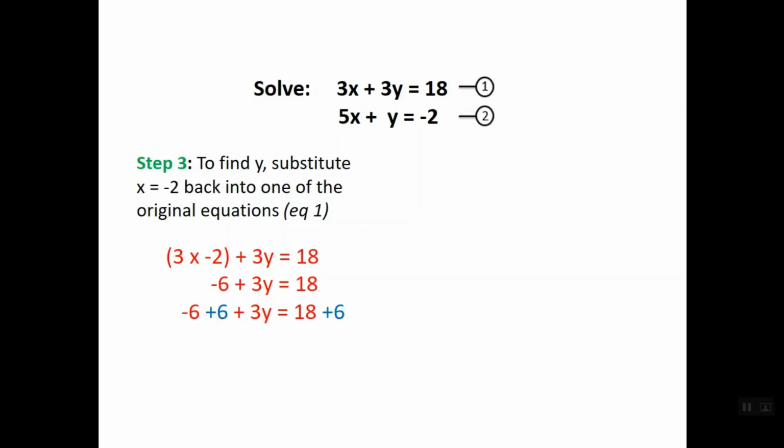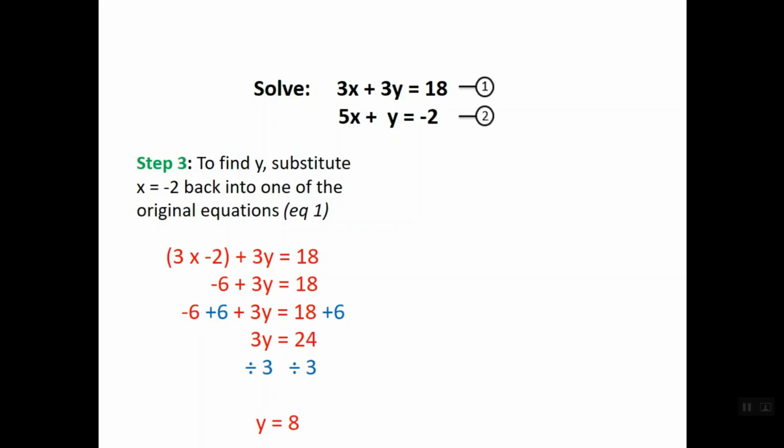When I do that, negative 6 plus 6 will give me 0. So on my left I now have 3y, and on my right I would have 18 plus 6, which would give me 24. Almost there, guys. So now I need to divide both sides of the equation by 3 to solve for my unknown, which is y. So my y is now equal to 8.